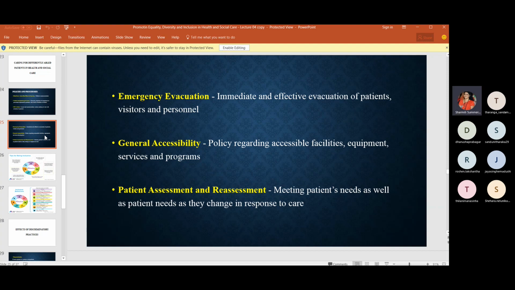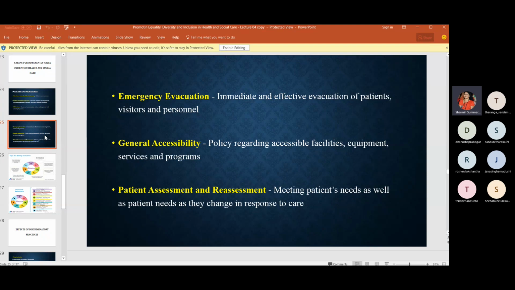General accessibility policy regarding accessible facilities and equipment. We need to inform persons with disabilities that we have these kinds of equipment and they can use these walking aids. If the person can't talk, we can have interpreters or translators. We also have hearing equipment and glasses.